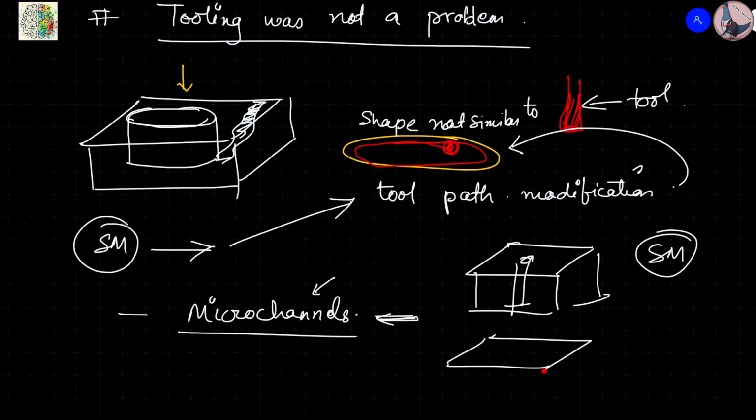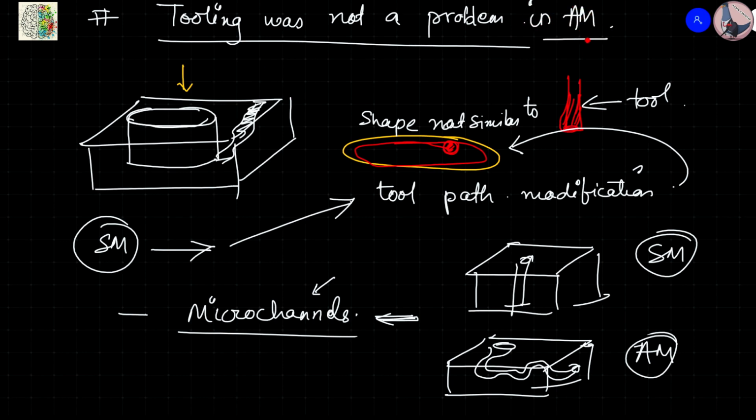But if you want to make a hole or a channel whose shape inside is like a snake and comes out here, then additive manufacturing is very good, whereas by subtractive manufacturing it will not at all be possible. So tooling for making any sort of hole is not a problem in additive manufacturing. Okay, I hope you understood this one.